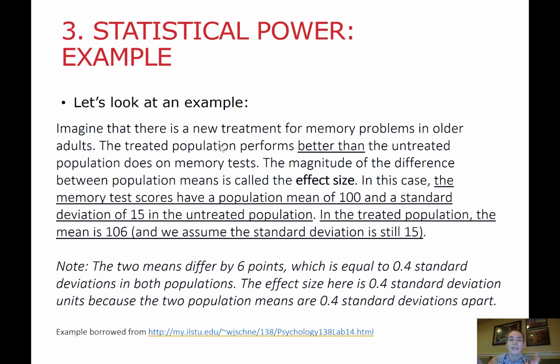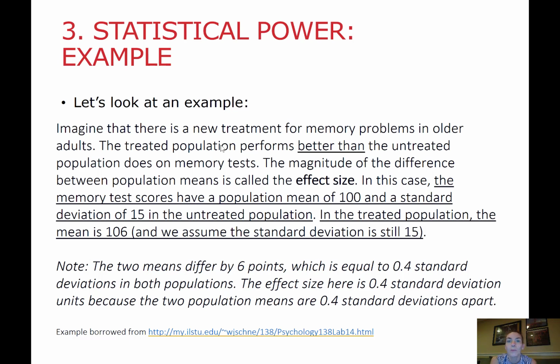I'm just going to lay out an example here, and I'm going to pull in some of the information you learned in a previous lecture. So let's imagine that there's a new treatment for memory for older adults. And we have a study population or a study group who gets a special treatment to improve memory.